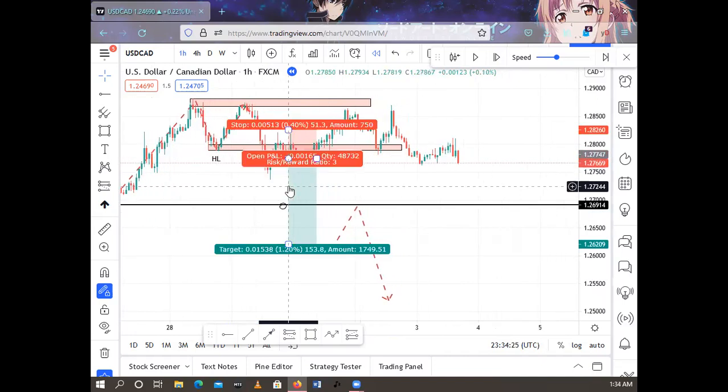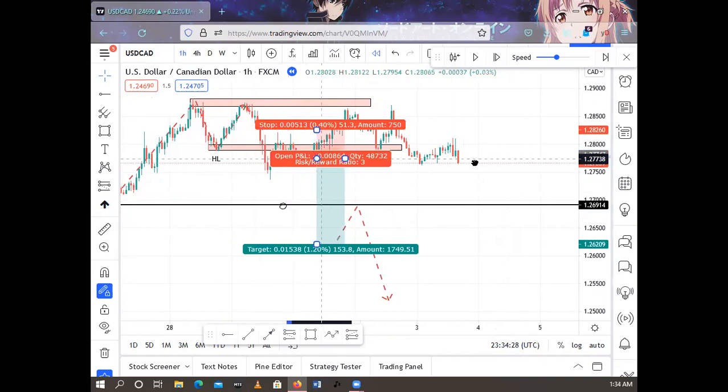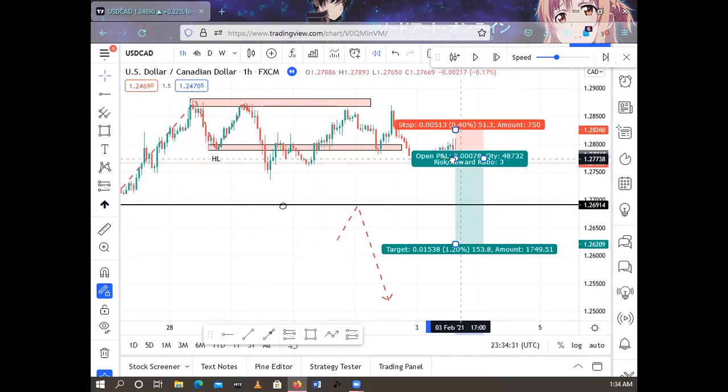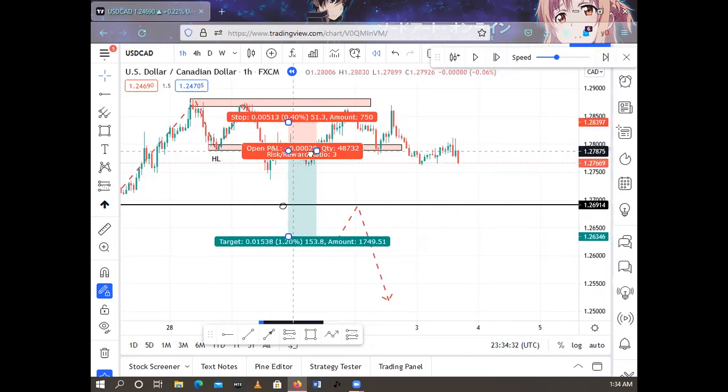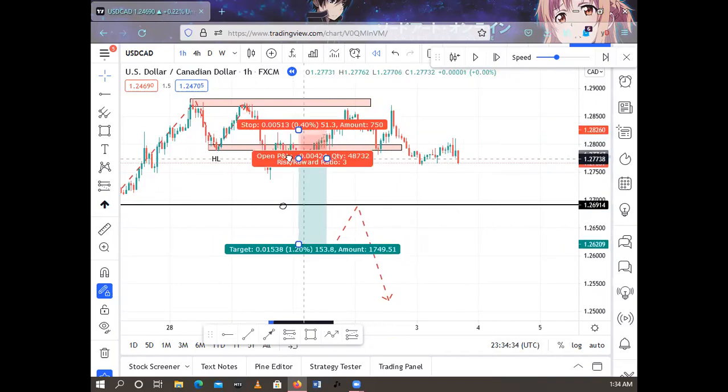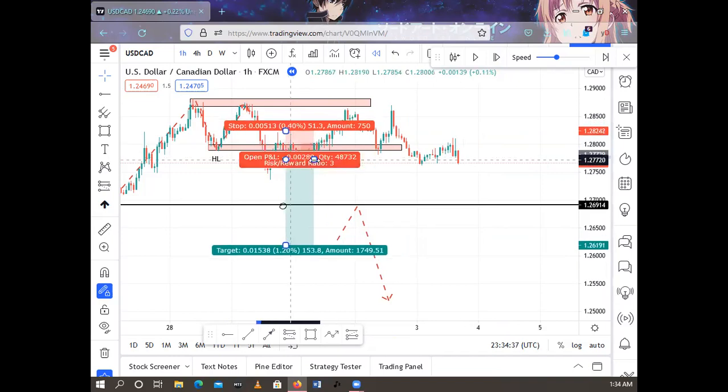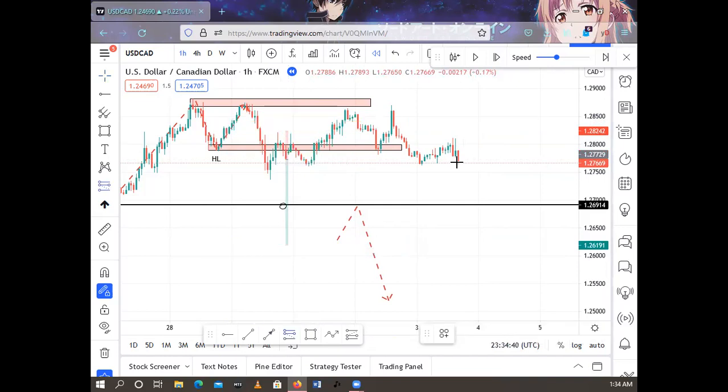Okay, now I don't know if this is a very good entry here. I'm not feeling good about it. Or let's just leave this here. We lost this trade here, right? We lost this trade here, and then try taking a trade here, right? This is not actually a good trade.